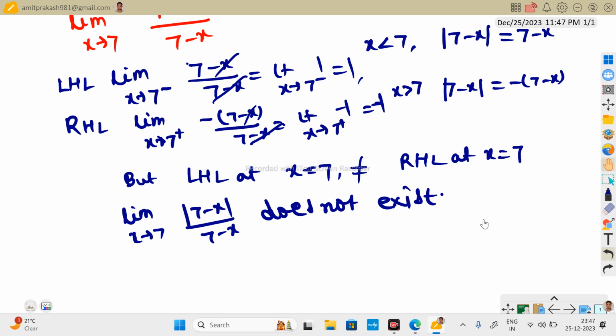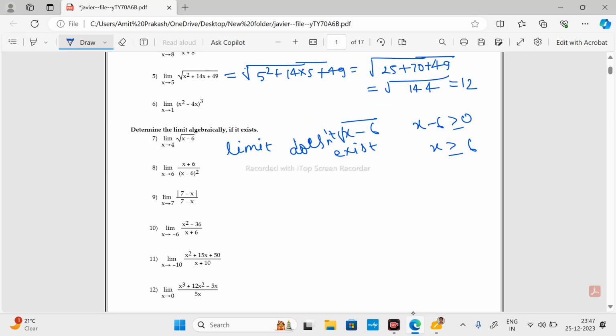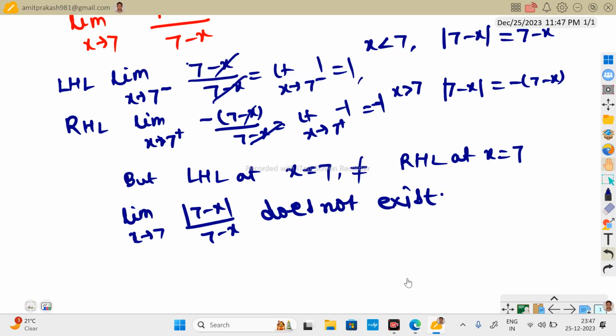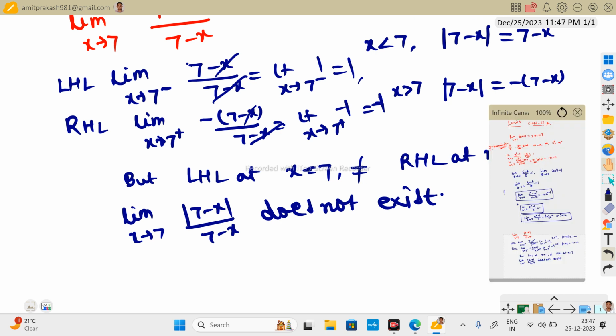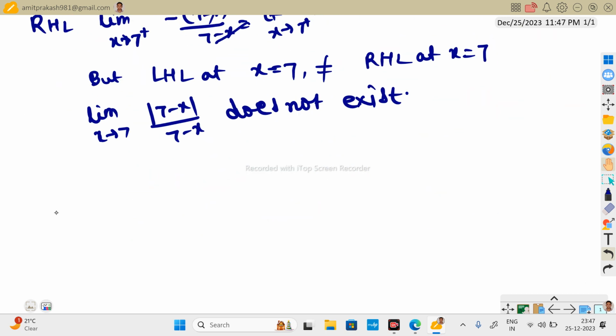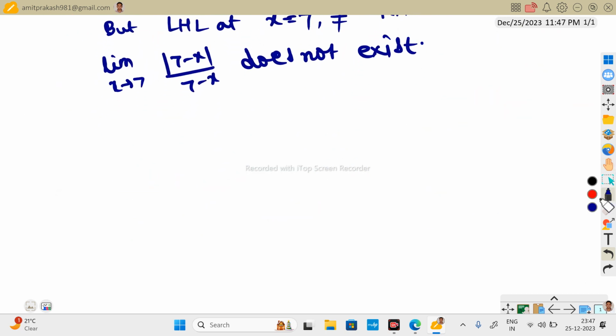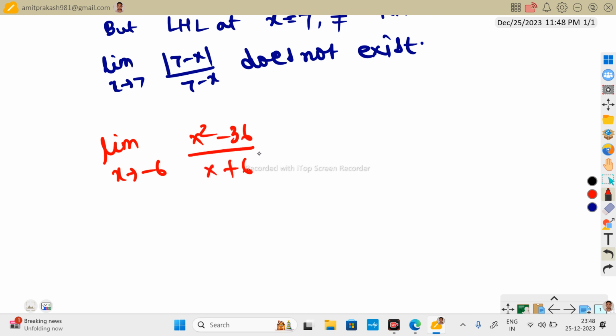Again we have another problem. What is the another problem? Limit x tends to minus 6 of x square minus 36 upon x plus 6.